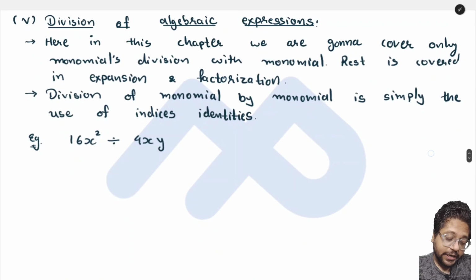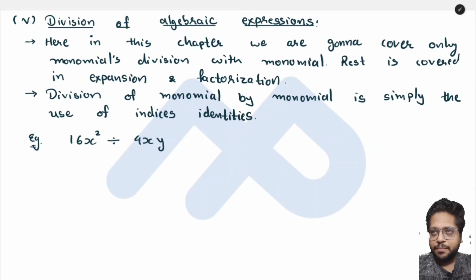Let's see how you can divide algebraic expressions. Basically you can also divide a binomial by another binomial, or a binomial by a trinomial, or a trinomial by a binomial.